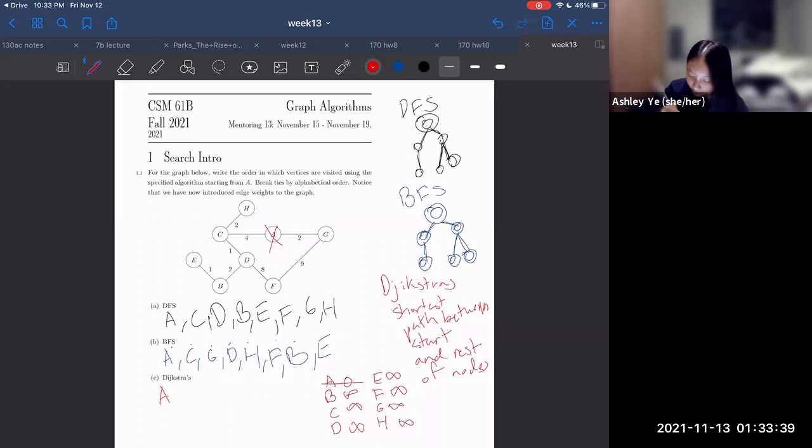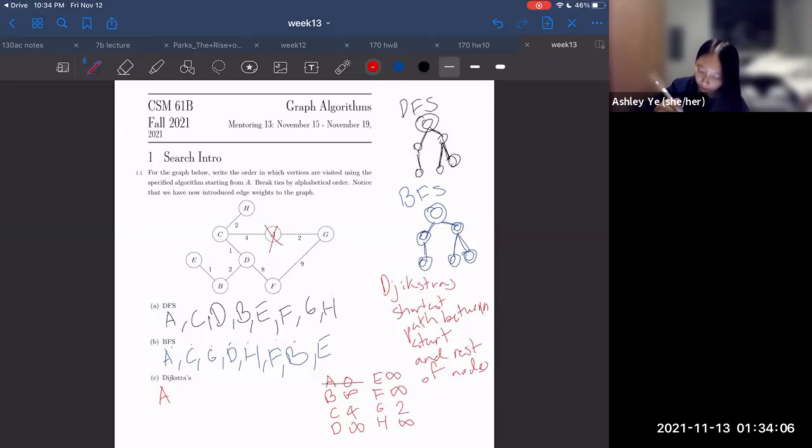The value of G right now is infinity, and 2 is less than infinity, so we replace the value of G with 2. And then A is also connected to C. The weight of the edge to C is 4, so it'll be 0 plus 4, which is 4.